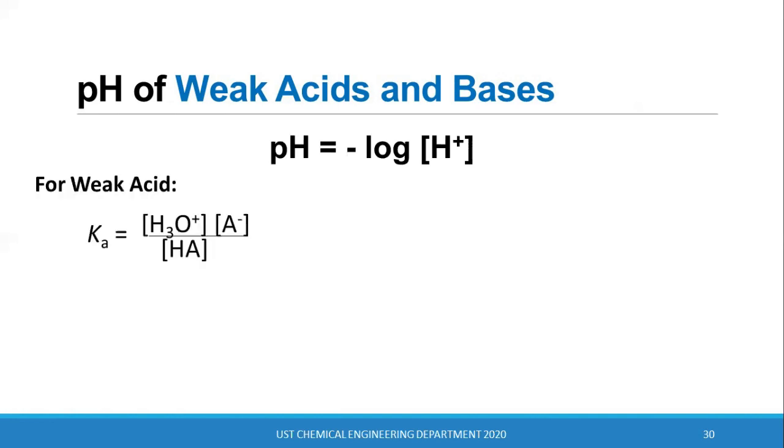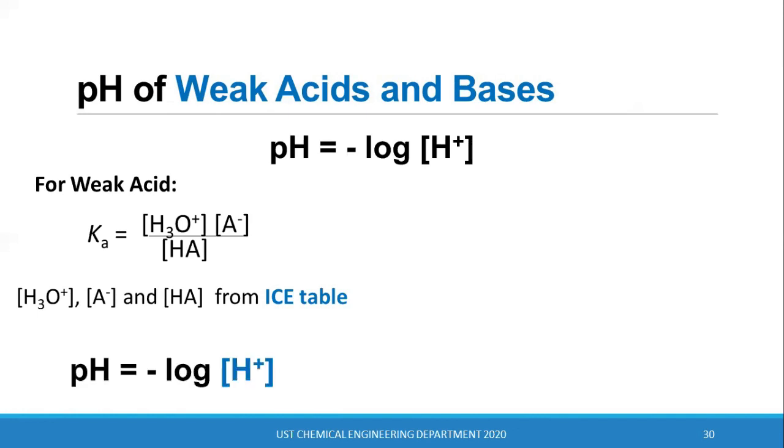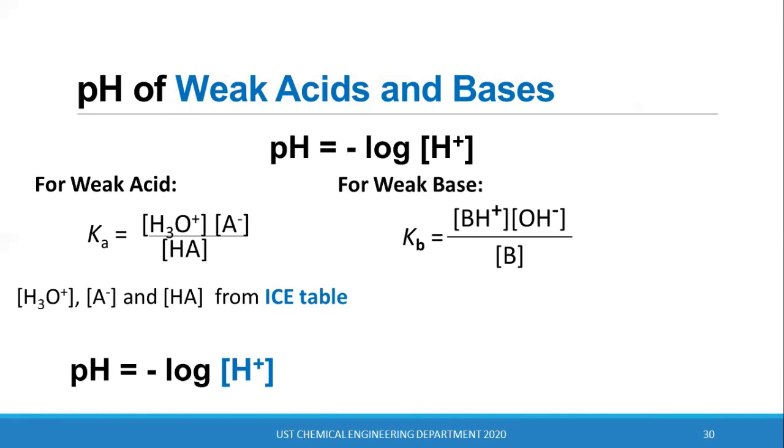Then for weak acids, use the formula for Ka to relate the species involved. Use the ICE table discussed in lecture 4A to compute for the concentration of the species. Then, apply the formula for pH. For weak base, use the formula of Kb to relate the species involved.